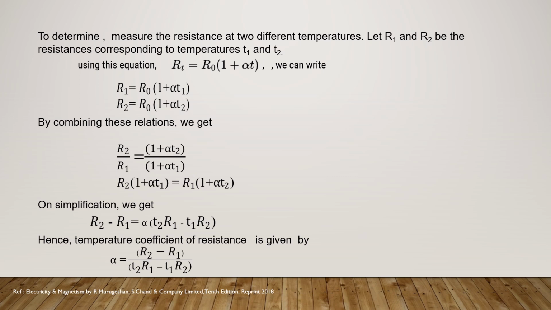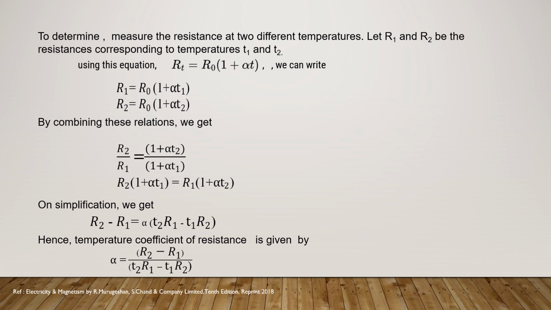To measure the resistance at two different temperatures, let R1 and R2 be the resistances corresponding to temperatures T1 and T2. Using this equation, RT is equal to R0 into 1 plus alpha T, we can write R1 is equal to R0 into 1 plus alpha T1, and R2 is equal to R0 into 1 plus alpha T2.